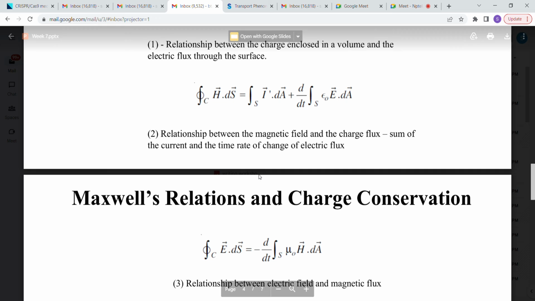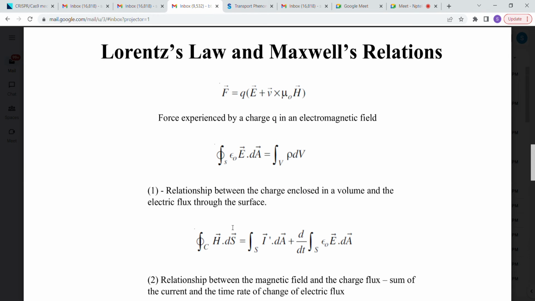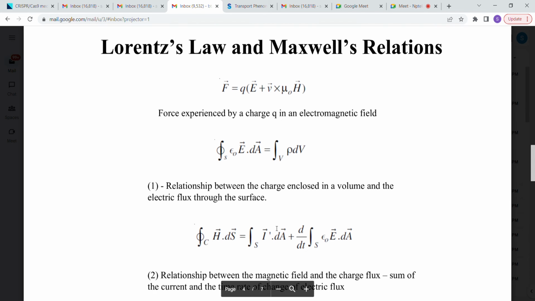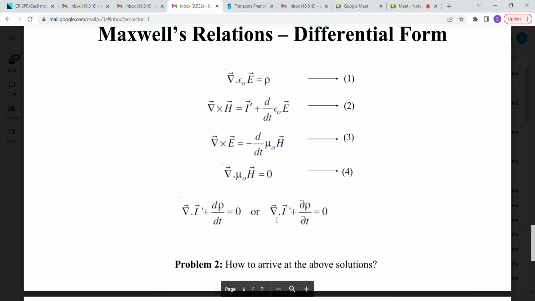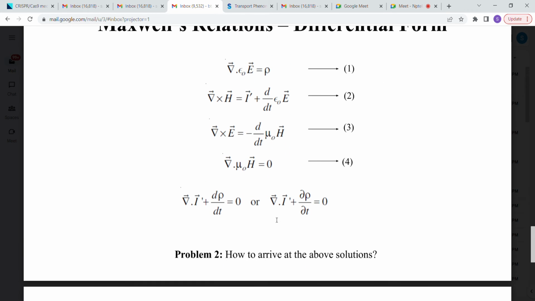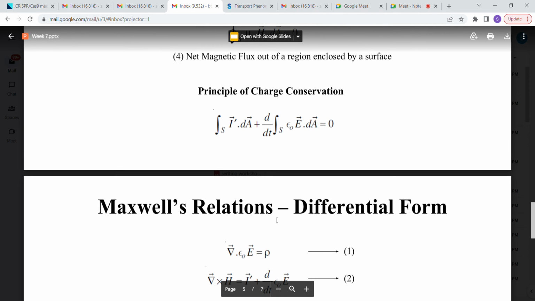Whenever it is a contour integral, you have the term ds here, and whenever it's a surface integral, you have the term dA here. So how do you arrive at the above solution? These contour integrals must be changed.